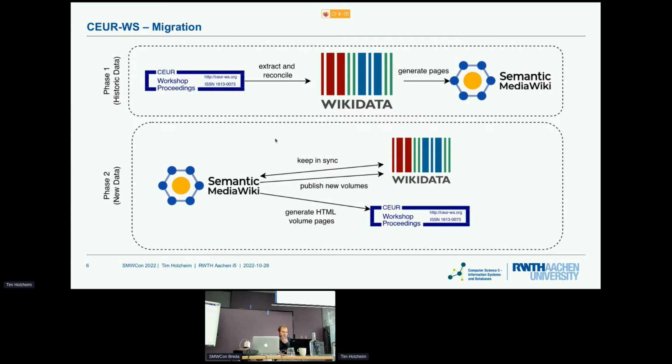And then in the next phase, when all the historic data is added, we can then, with, for example, page forms or flex forms, as we learned a few days ago, provide a proper interface to add new proceedings to the semantic MediaWiki, and then provide an interface or API to actually publish from our semantic MediaWiki, where we edit and add new volumes and author information, to Wikidata, and also to have triggers and events to fetch other data from Wikidata to MediaWiki and vice versa.